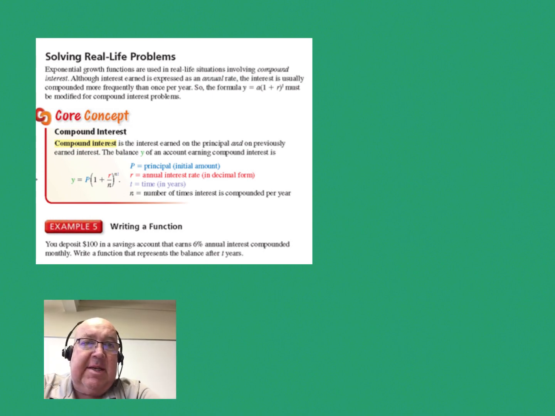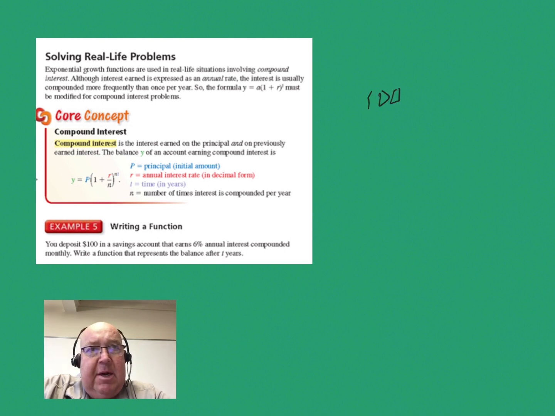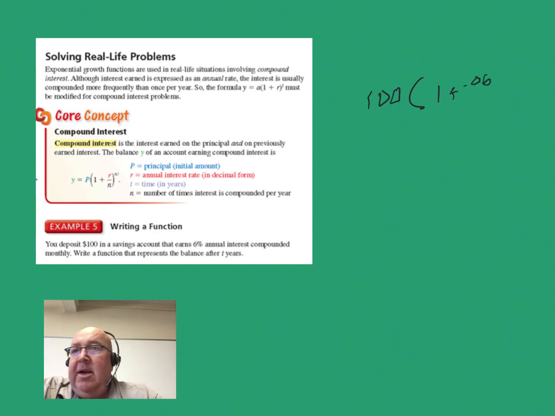So here we're looking at depositing $100 in a checking account. Okay, we see our formula there. So we're going to write this out as 100 times 1 plus r, so we're going to have 0.06.